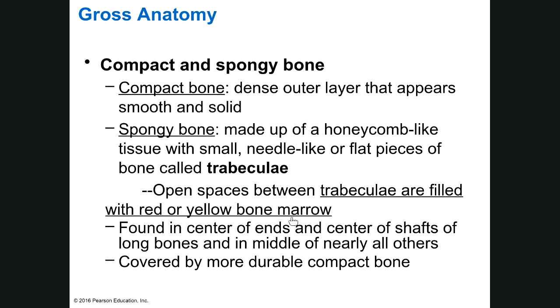And again, you're going to find this spongy bone in the middle, or the center, of the bones. Remember that you also find bone marrow at the ends of long bones. So you find trabeculae at the ends of long bones. You also find it running down the center of long bones. And if it's a flat bone, this is all just sorted together in the middle.